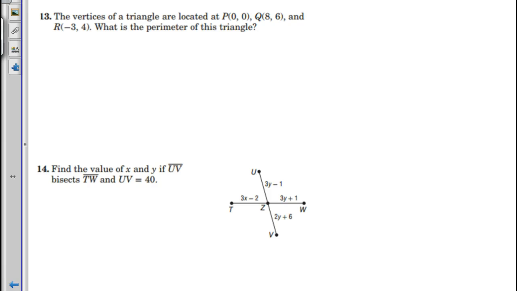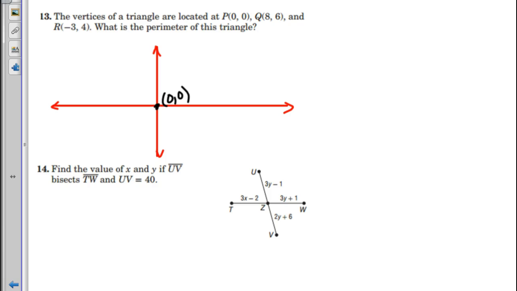The vertices of a triangle are located at P 0,0, Q 8,6, R -3,4. So P 0,0, Q 8,6, one, two, three, four, five, six.